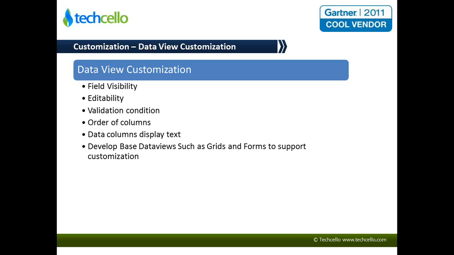For example, the display name of these fields should be different from customer A to customer B. Right? In this case, you can go in for a feature called data view customization, wherein all the display names or the taxonomy of the customer can be maintained as metadata, and then you could render it.